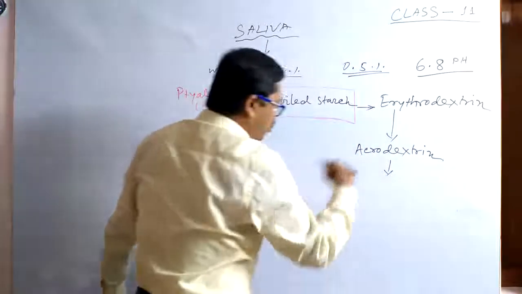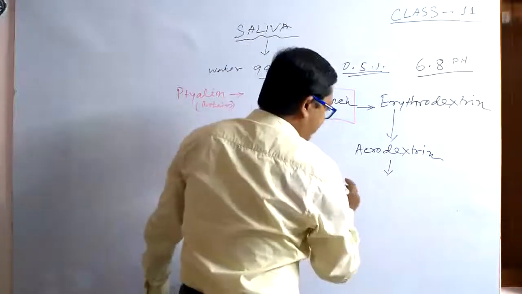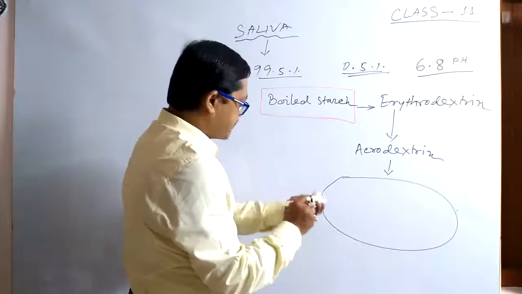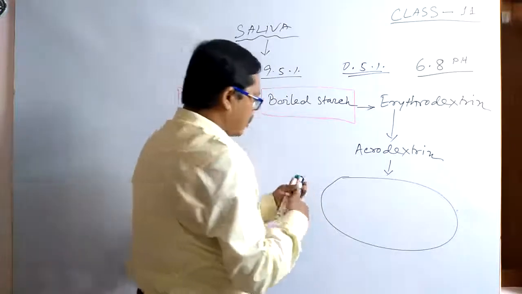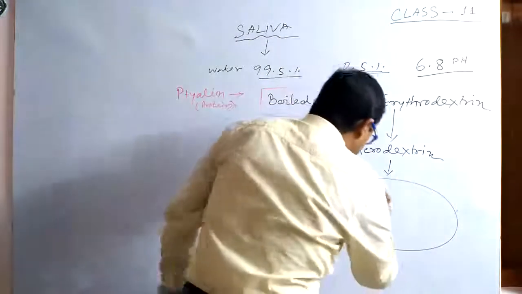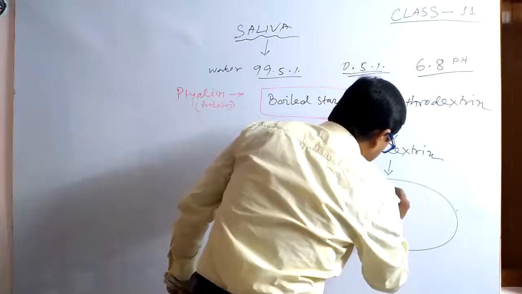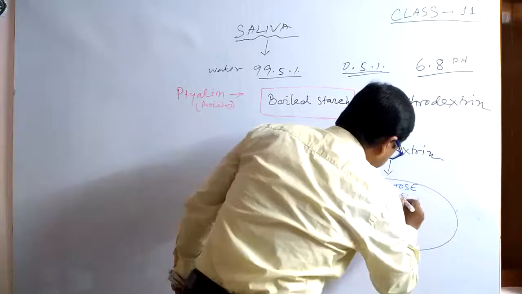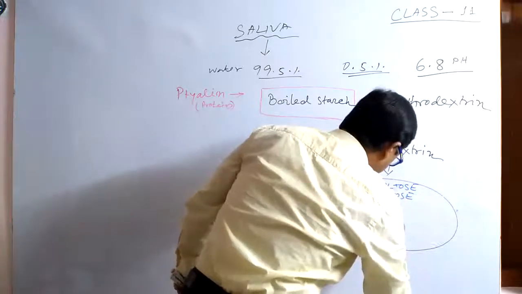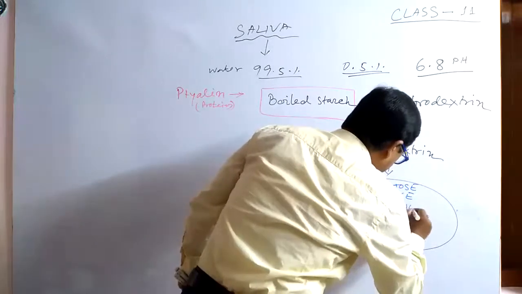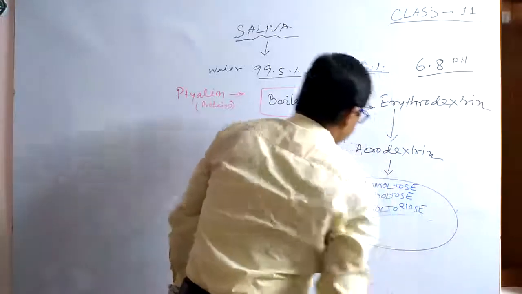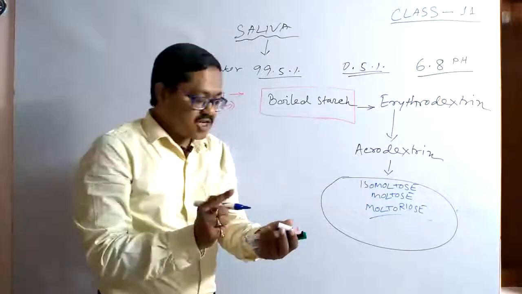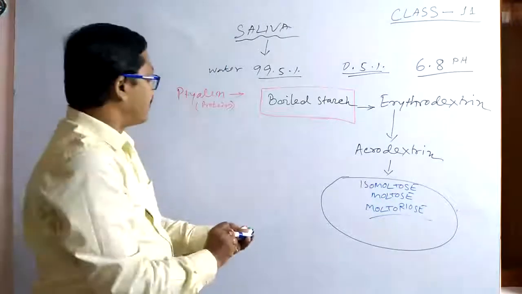The intermediate product after digestion is achrodextrin, and the resultant product is a mixture produced by the action of ptyalin: isomaltose, maltose and maltotriose. This is partial hydrolysis and partial digestion of carbohydrate that takes place in our mouth.